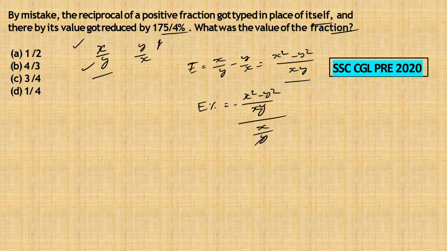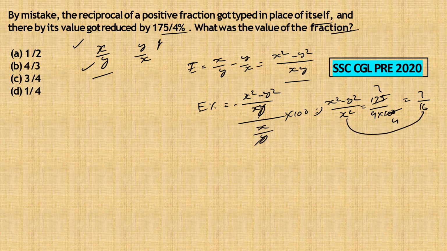If you cancel the y here, you will get (x square minus y square) by x square is equal to 175 by 4, that is percent, denotes into 100. 25 4s are 100, 25 7s are 175, so 7 by 16. x square is 16. x square minus y square is 7.